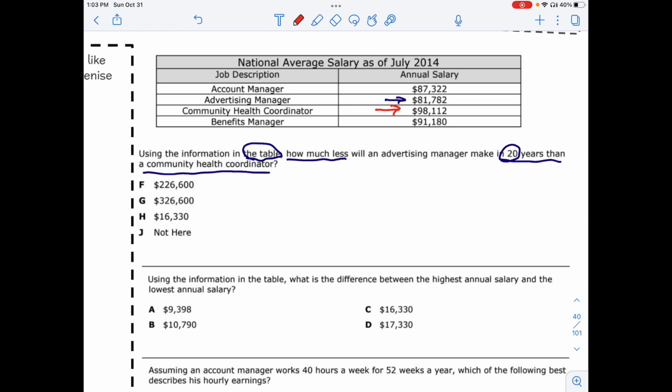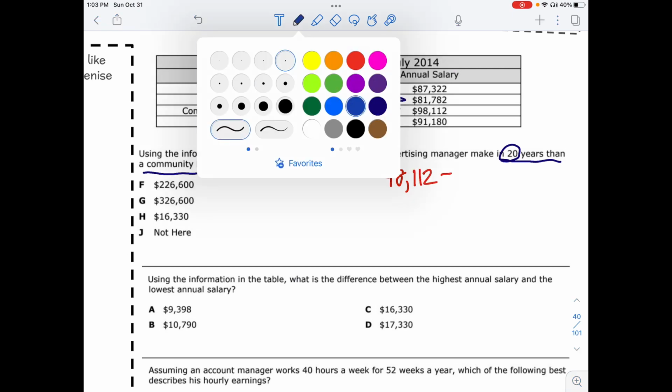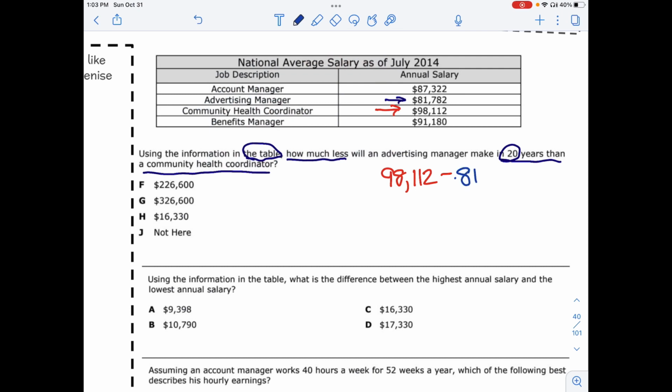I'm going to set up my formula. I have 98,112 minus 81,782, and I'm multiplying that by 20. I'm going to do it this way: 112 minus 782.